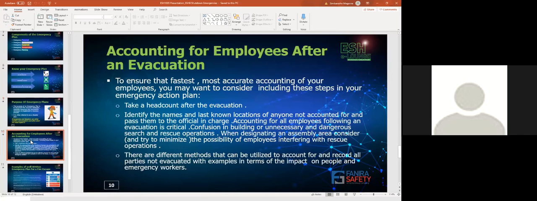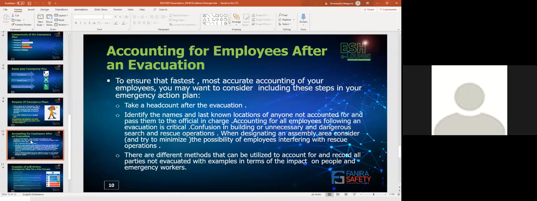And also, one thing that is key during these shutdown emergencies is employees after an evacuation. It's very important, when accounting for employees after an evacuation of an emergency or shutdown emergency, to ensure the fastest and most accurate accounting of your employees.